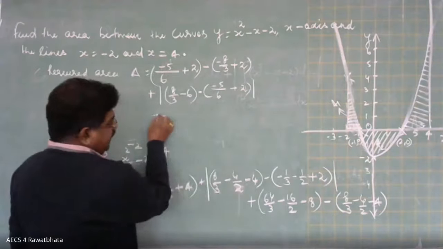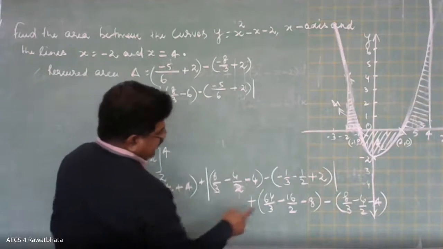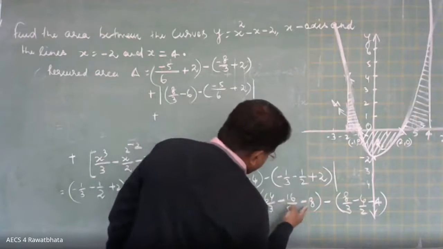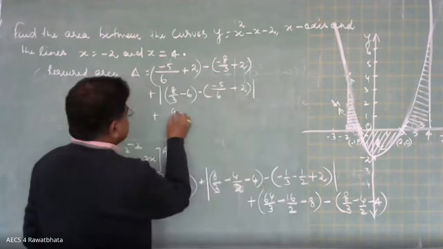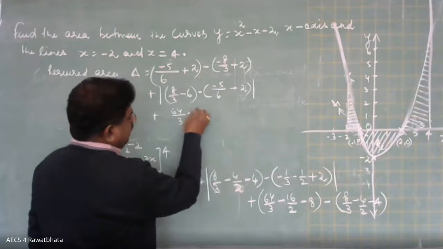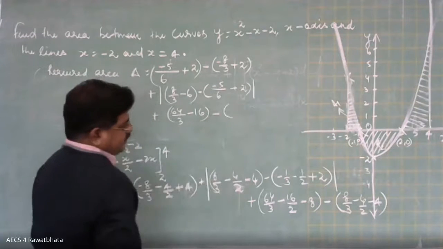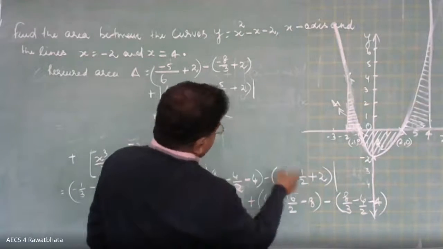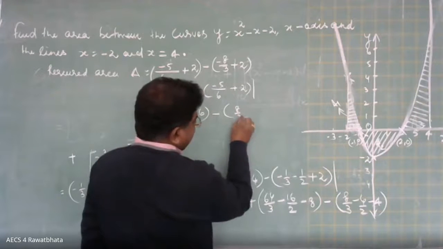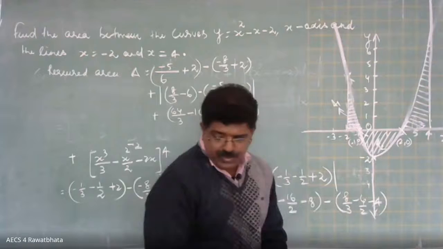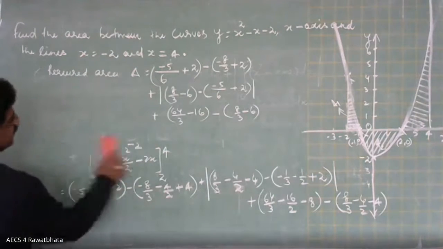And again plus, minus 16 upon 2 is minus 8, minus 8 minus 8 is minus 16. So 64 upon 3 minus 16, and minus of 8 by 3 minus 6, so minus 2 minus 4 is minus 6.